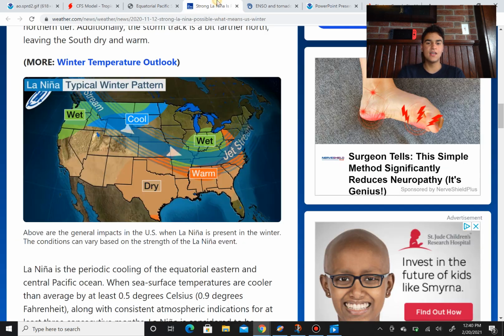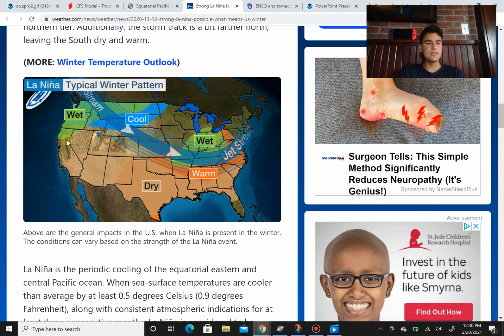And what this means, I'll show you right now, is that we typically see more moist conditions throughout the Northwest Pacific, and along with the moist conditions comes cooler than average conditions as a result of the increased amount of clouds throughout the Northwest Pacific, blocking a lot of that shortwave radiation from heating it up.